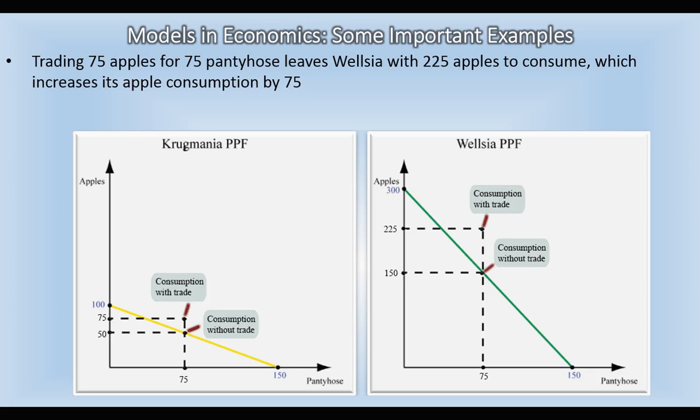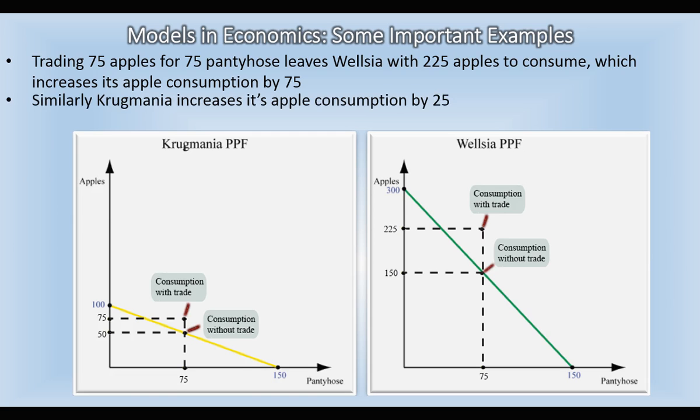So trading 75 apples for 75 pantyhose means that Wellesley will have 225 apples to consume, which increases its apple consumption by 75. So that's more than it was consuming before of 150. Because they focus on their comparative advantage, they produced 300, they gave up 75 to Krugmania to get 75 pantyhose, and they wound up with 225 apples, which is more than they had before trading.